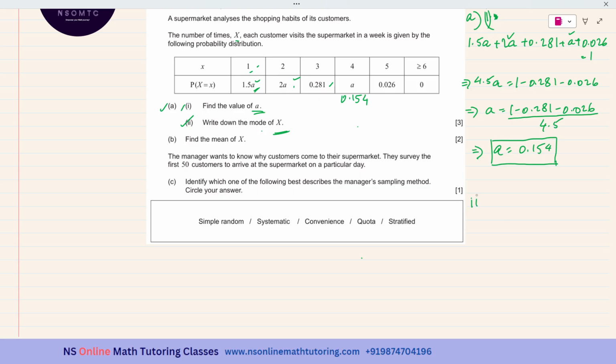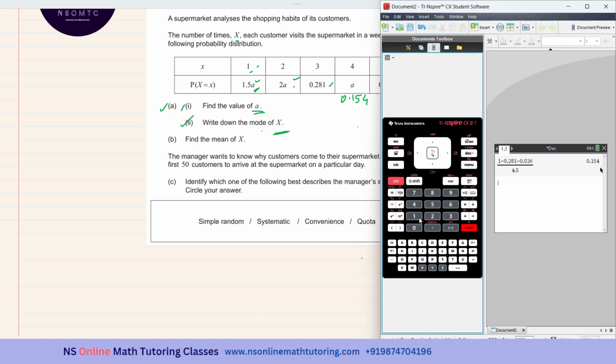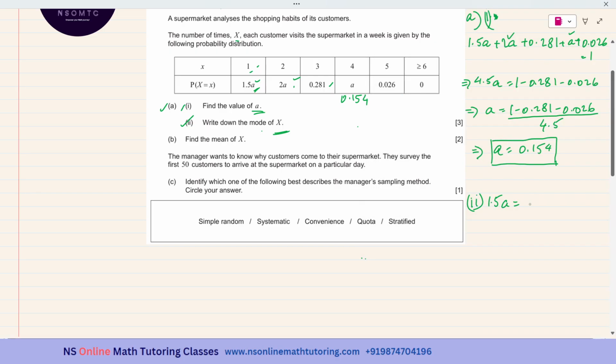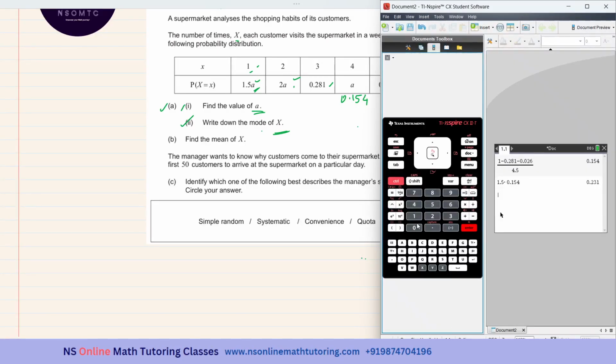So 1.5A equals 1.5 times 0.154, which is 0.231, and 2A is 2 times 0.154, which is 0.308.